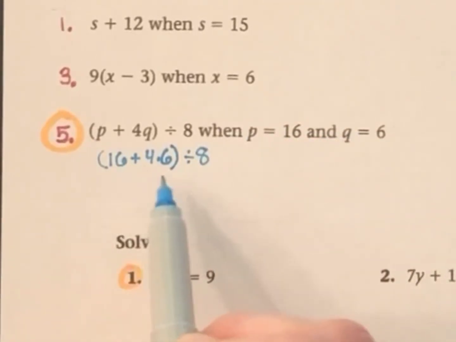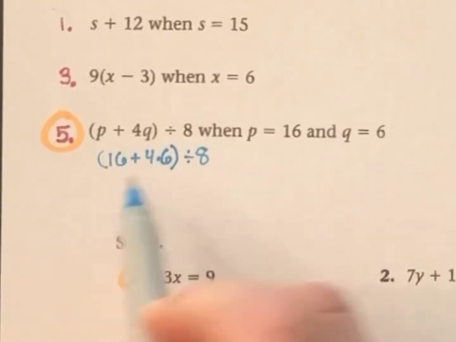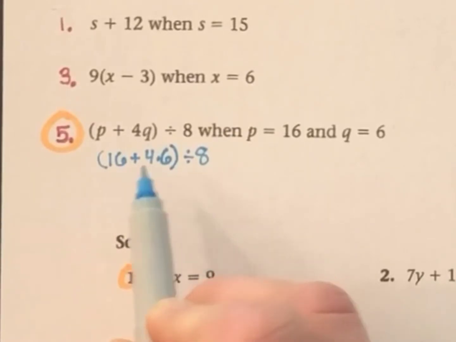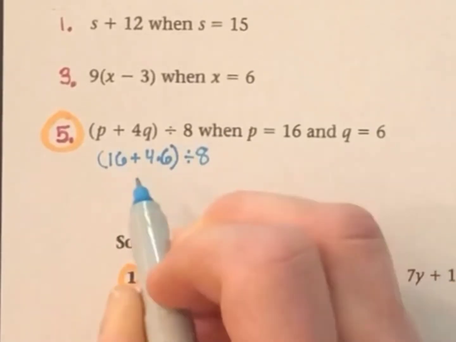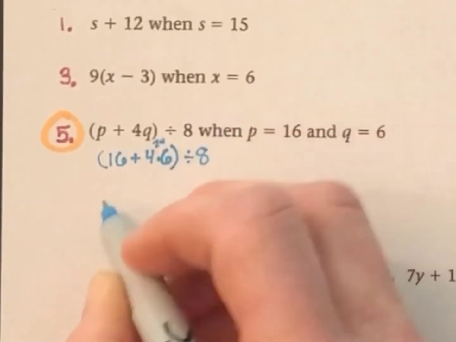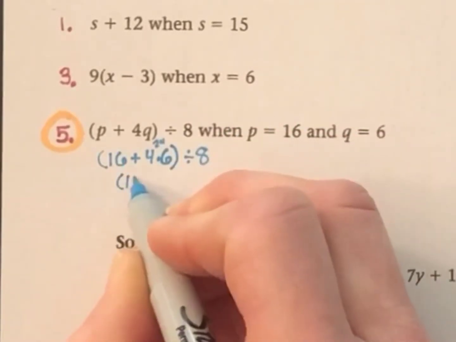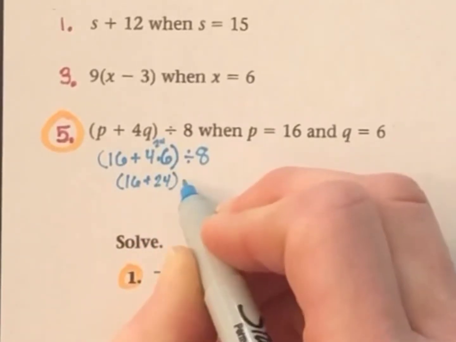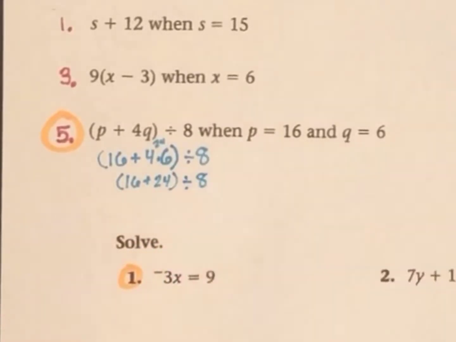So I need to solve everything inside the parentheses first. I've got 2 different operations, addition and multiplication. Multiplication comes before addition. So 4 times 6 is 24. So I will rewrite it. 16 plus 24 divided by 8.